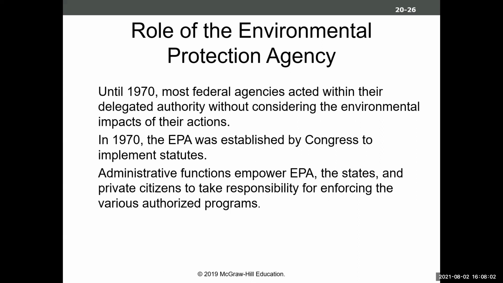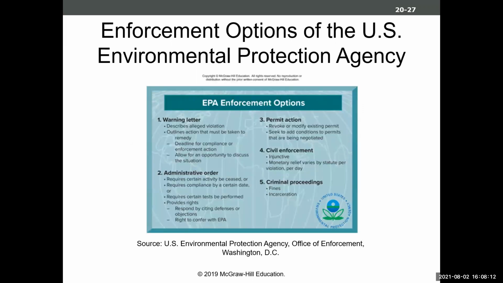And so they are responsible for enforcing actions that are harmful to the environment and public health. And so the way the EPA will work is they can issue a warning letter, they can provide an administrative order, they can do a permit action, civil enforcement, or criminal proceedings, depending on where they're at in terms of the effect that that institution is having on the environment.